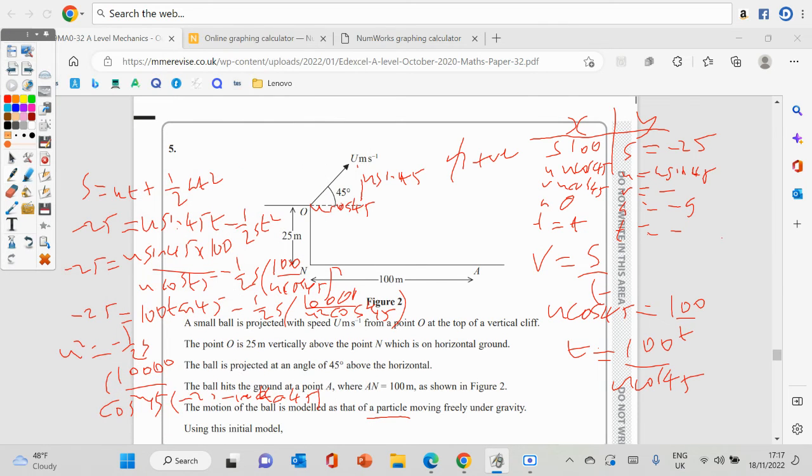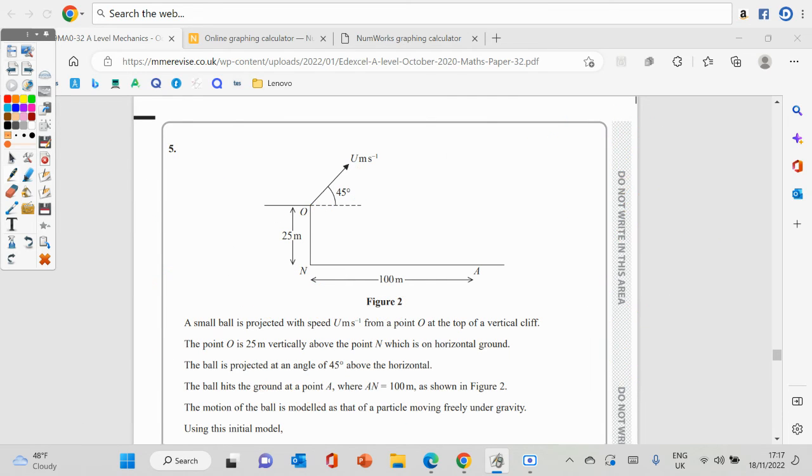Now, if you stick that lot in your calculator and take the root, you do indeed get 28, because you get the root of 784, which is 28. Not nice, but that's what it gives you.